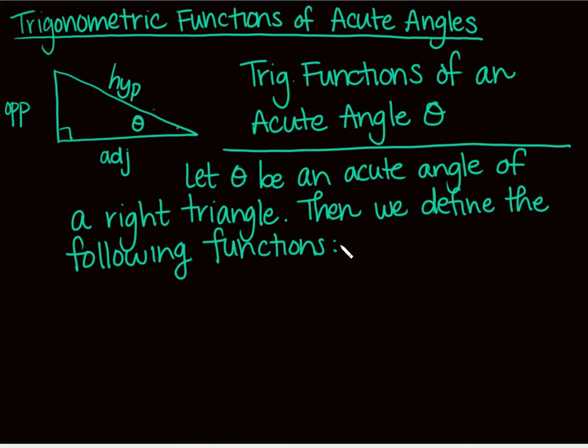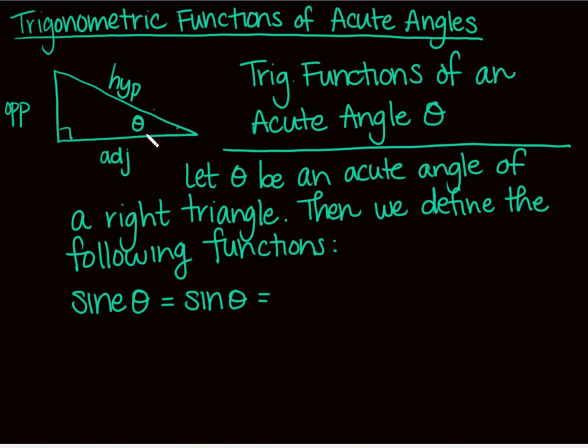Anytime I talk about the 6 trig functions, we're going to talk about sine. So that's one of the trig functions. Sine of theta, S-I-N-E of theta. The shorthand is S-I-N theta, and that's what you'll see in your calculator also. The definition of the sine of theta is a ratio of sides of that triangle.